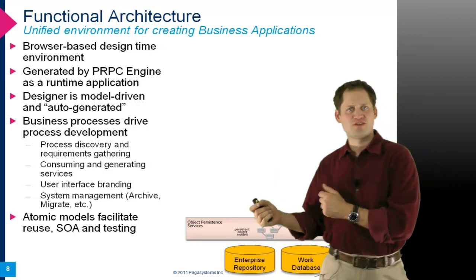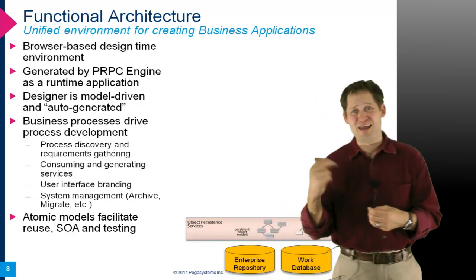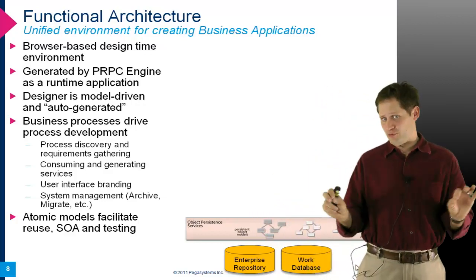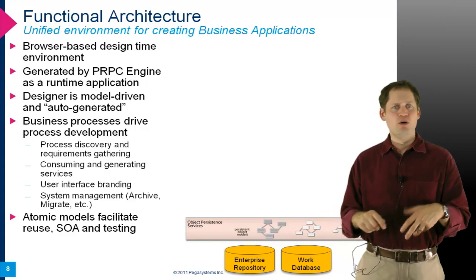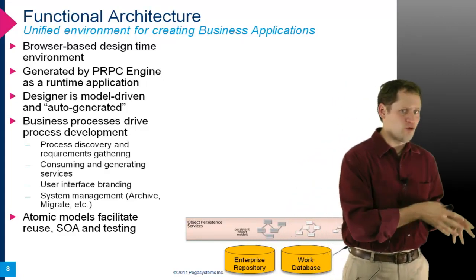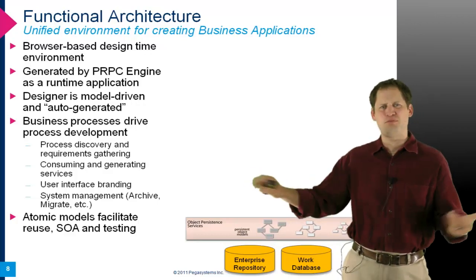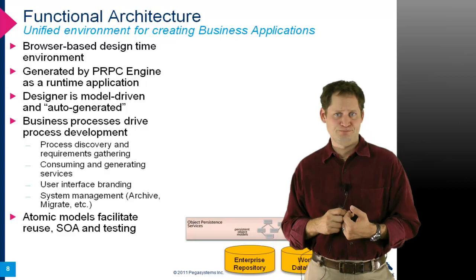But because the object structure is metadata driven, because it knows its structure, I can do things like add a field dynamically without having to rebuild my database table. So while Pega is using blobs under the covers, we're doing it both to drive performance and to drive agility that you wouldn't get from a normal, purely exploded, normalized data structure.